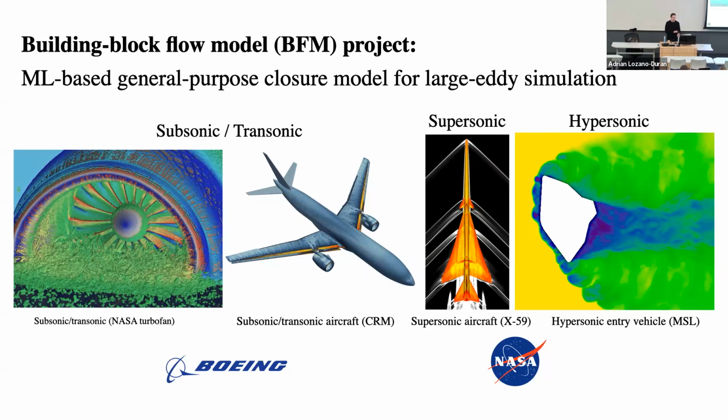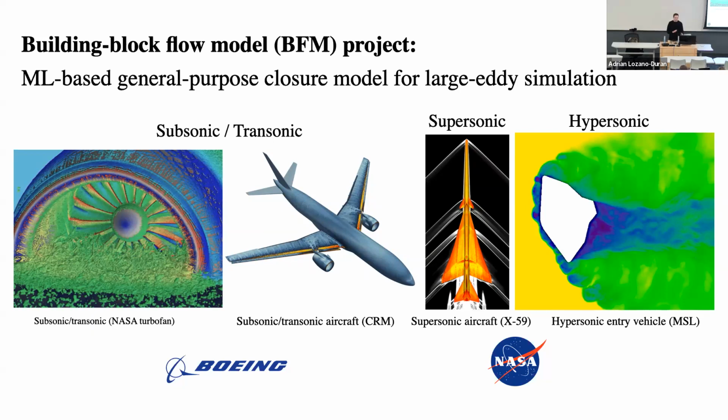Here I'm showing representative cases that we run with this model. Some of them are subsonic or transonic, like a turbofan or the typical subsonic or transonic aircraft, could also be in high lift mode when you are landing, or supersonic aircraft, or up to high speed vehicles.